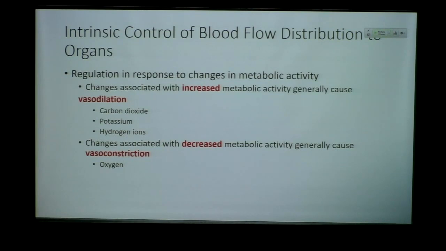What tissue do we see lactic acid in? Muscles, right? So if we have a high metabolic activity in our muscle tissues, we're going to start using anaerobic glycolysis. We're going to start building up that excess lactic acid. That's going to create an acidic environment. And that is going to be another indicator that we need to increase oxygenation, increase flow, and we can do so by vasodilating the arterioles.